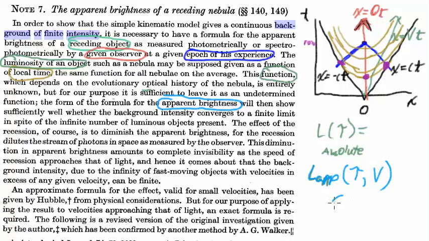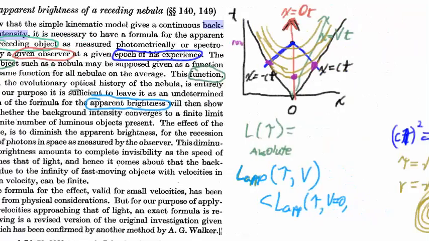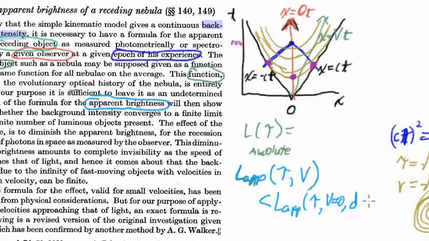So we'd say this is less than L apparent from an object of a particular time, a velocity of 0, and a distance is undetermined.